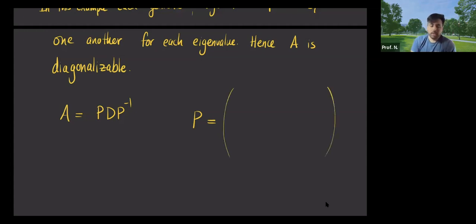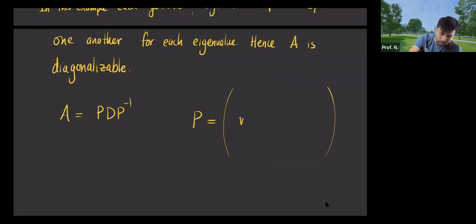Our three eigenvectors. That's right. And P is also not unique because the eigenvectors aren't unique in terms of which ones I select. And the order of the columns can be rearranged based upon which eigenvectors you want first, last, or in the middle.